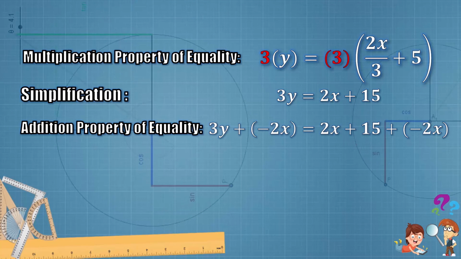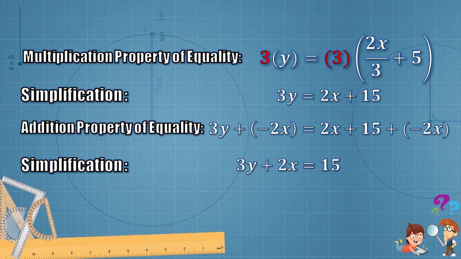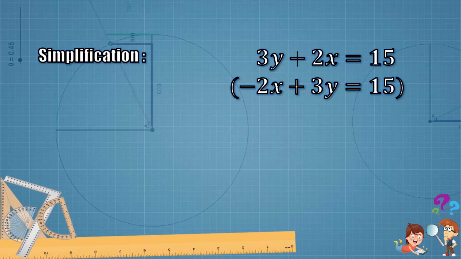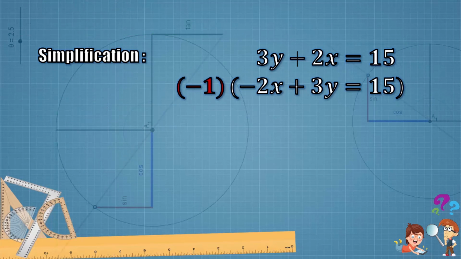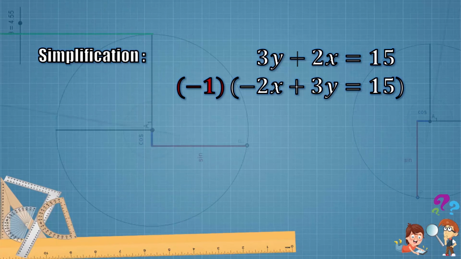To isolate constant on the right side, we need to remove 2x by adding negative 2x on both sides of the equation. By addition property of equality, we have 3y minus 2x equals 15. Let us arrange now the equation to ax plus by equals c.